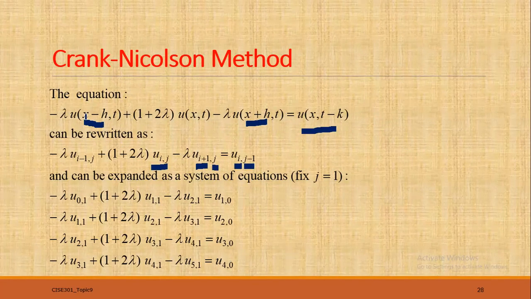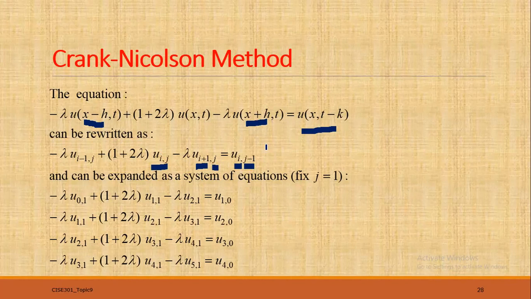We discussed earlier that x is replaced with i and t is replaced with j. h is the step size, so x minus h gives minus 1 and x plus h gives plus 1. k is also a step size, so we consider k as 1, giving j minus 1 and j.